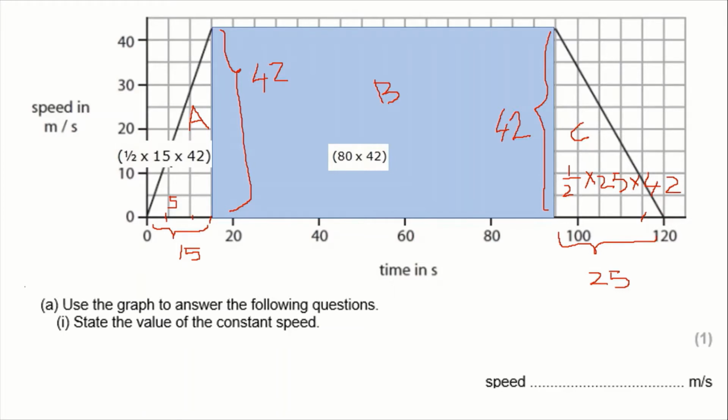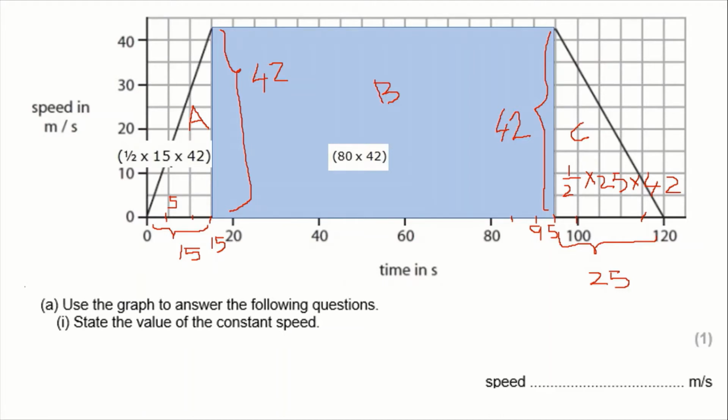So that is 80 into 42. How do you know it's 80? Because the value here is 15 and the value here should be 95. Right? You have 80, 85 here, 90 here, and 95 here, and 100 here.